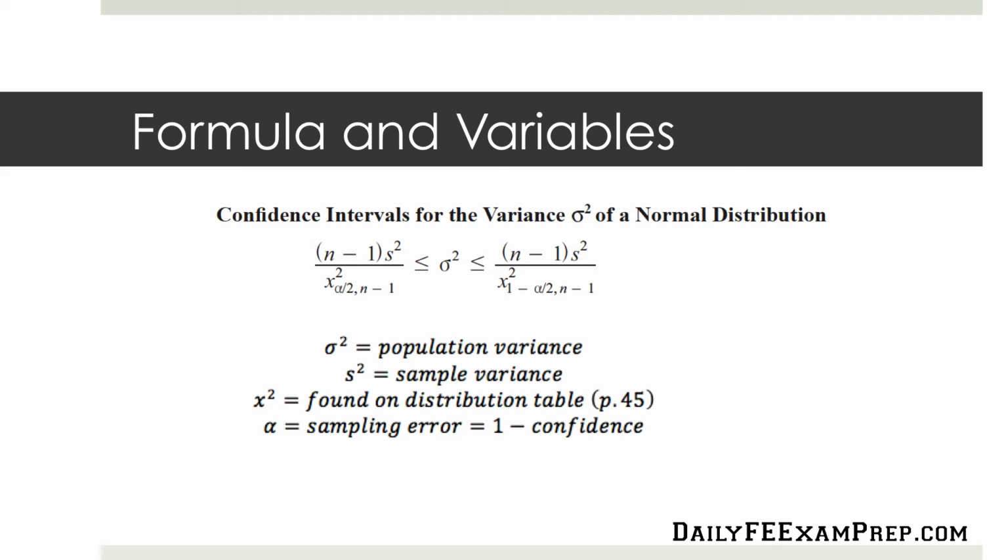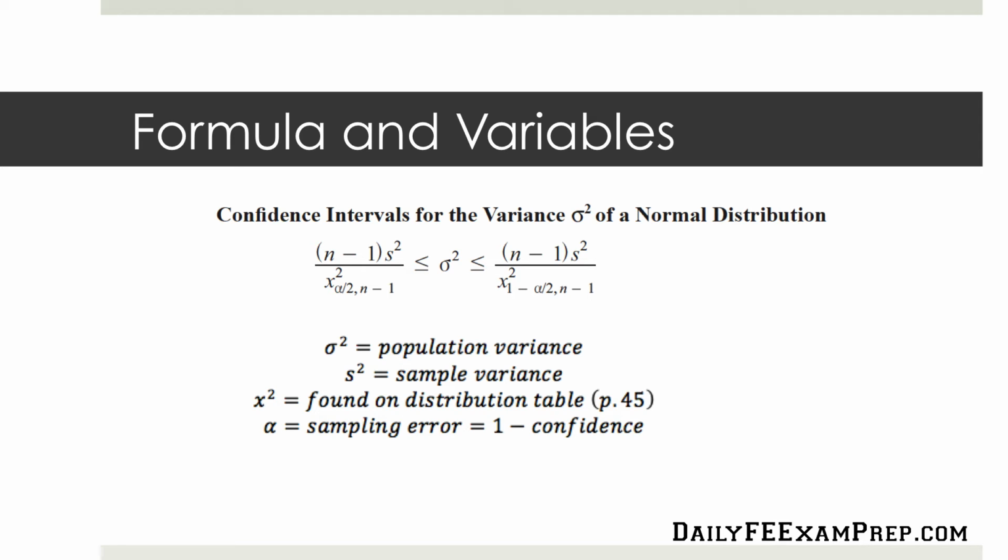Okay, that's where it gets really confusing, and we're going to explain it in a little bit. Then it's the exact same thing on the other side, except it's (n minus 1) times s squared divided by chi-squared of 1 minus alpha over 2 and n minus 1. So let's go through and explain that.